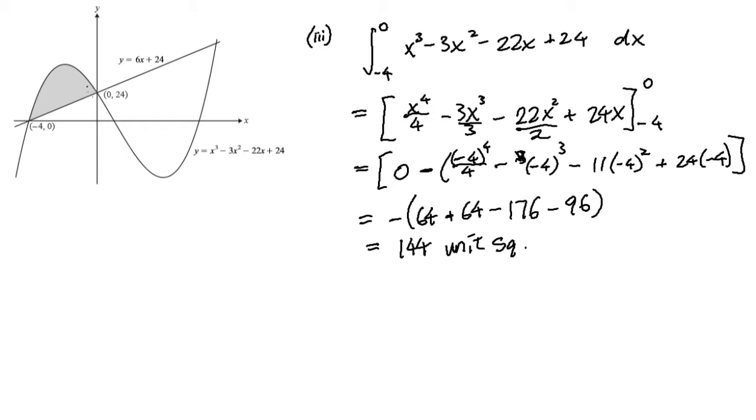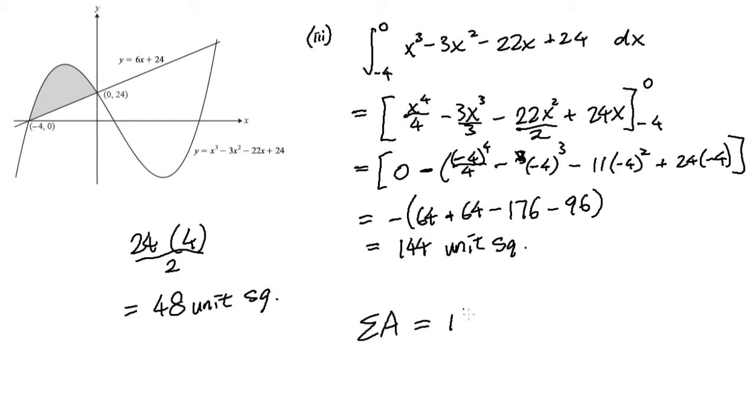But this includes this triangle, and we need to take that off. And the triangle has height 24, width 4, and by triangle rule, it's base times height divided by 2, and therefore we get 48 units square. And so the total area is just 144 take 48.